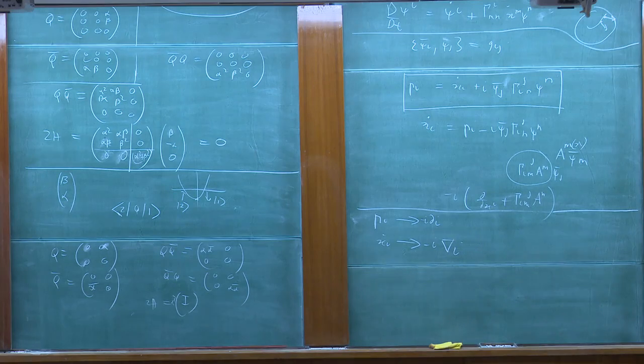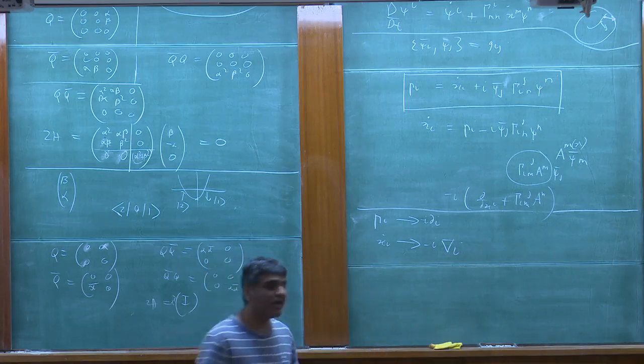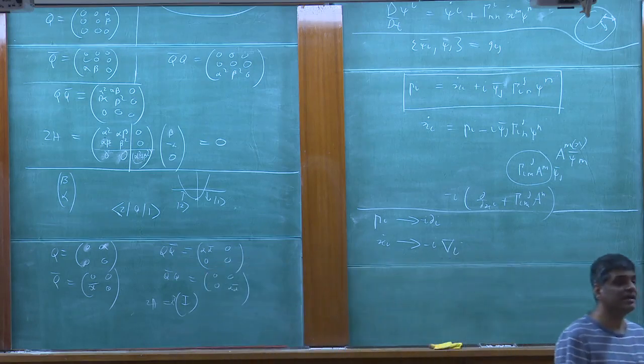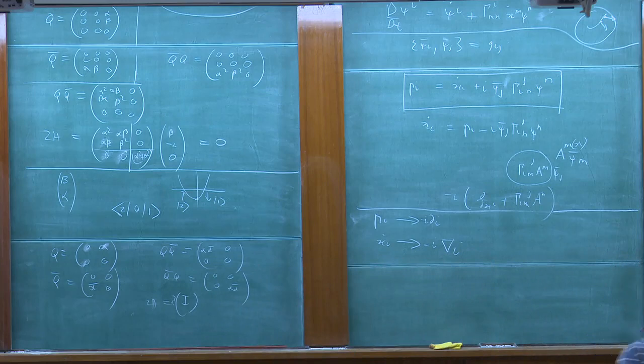This is a coordinate independent thing. It's a geometrical thing. It doesn't matter which choice of coordinate you've used. The canonical formulation is not coordinate independent because you're finding the canonical conjugate to a particular coordinate. So its momentum is not a particularly nice thing.